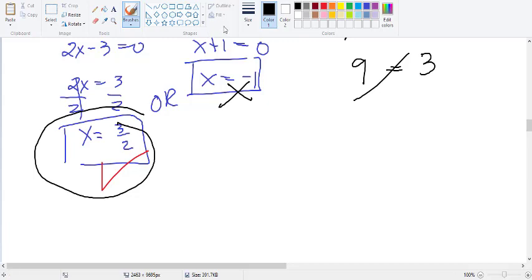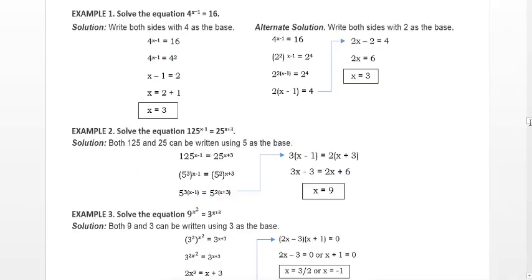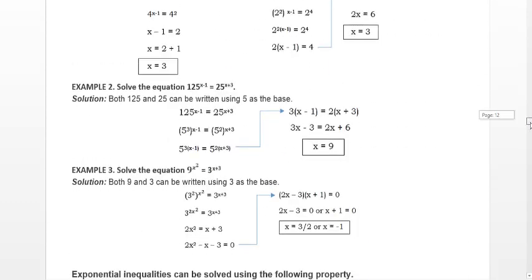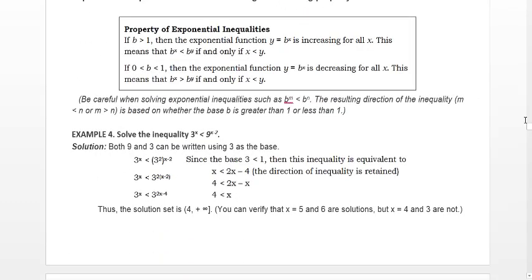Okay. So, anyway, now, ang equation, medyo madali lang, no? Usually naman talaga, dito tayo nahihirapan sa inequalities, no? Na part. Okay, so let me check the property of inequality. Sabi niya, if b is greater than 1, then the exponential function y is equals to b raised to x is increasing for all x.